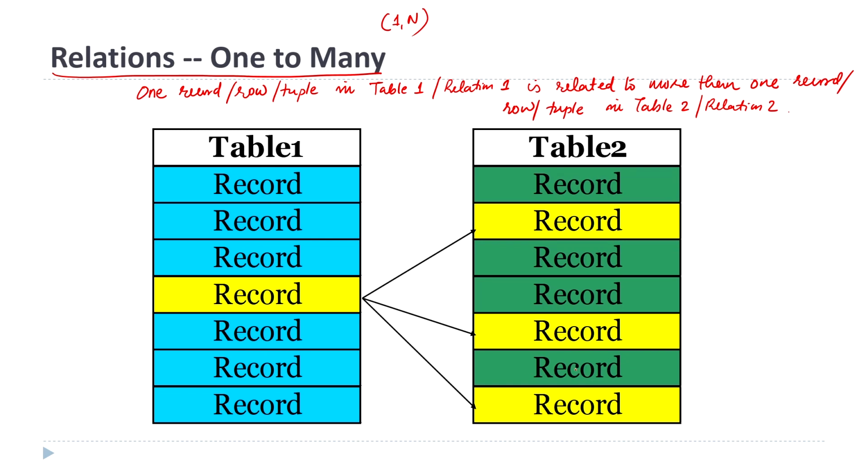We will see multiple examples of this, but this is the 1 comma n scenario.